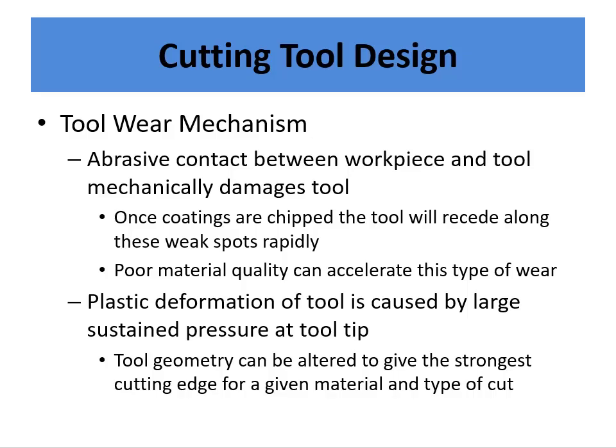And remember what I said earlier, if you change your relief angles in your tool to provide more clearance, you might actually be making the tool weaker, as it were, and it has less support to resist bending. So everything's a trade-off. It might cut better, but on the other hand, it might have more issues with maintaining sustained pressure before it actually plastically deforms and breaks the tool.